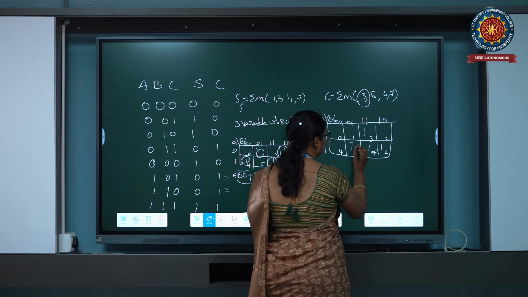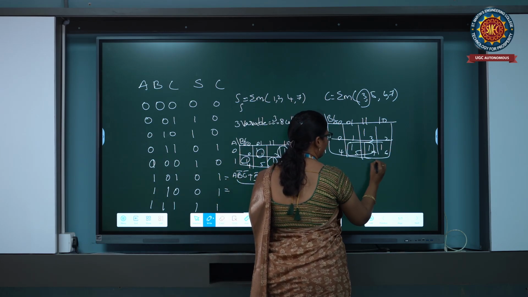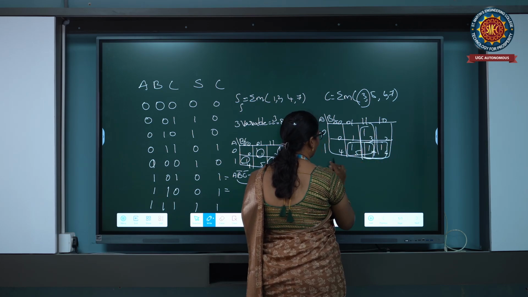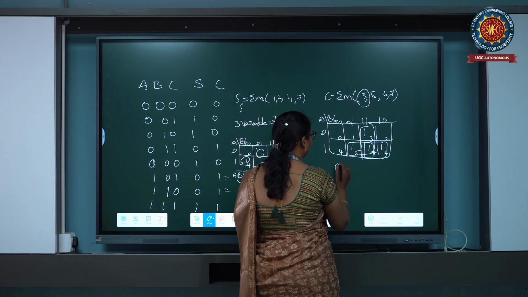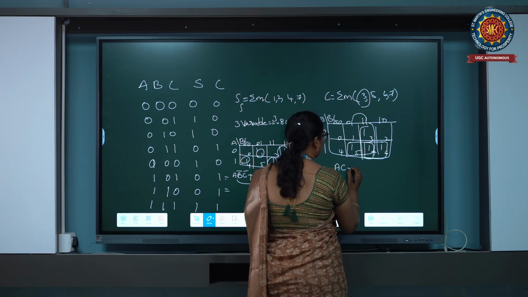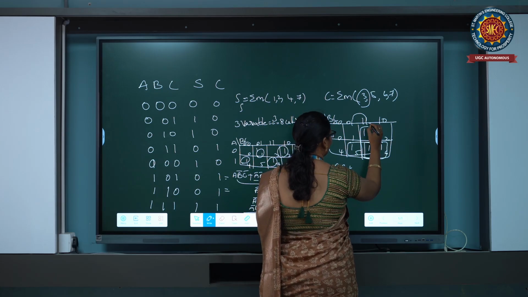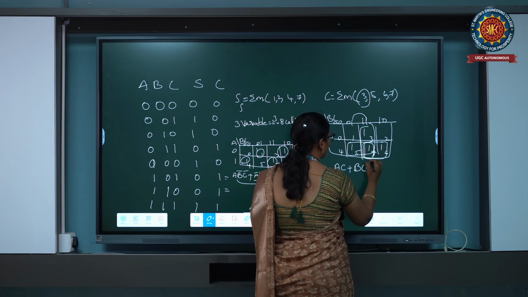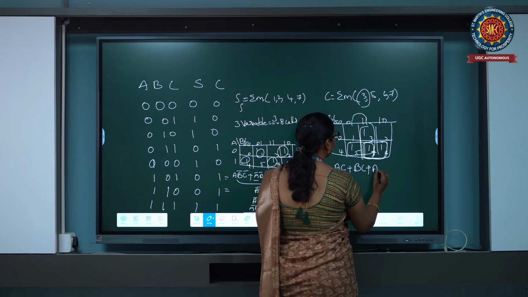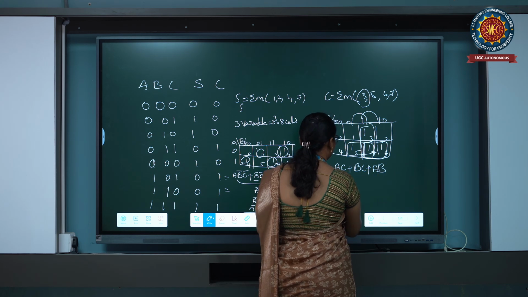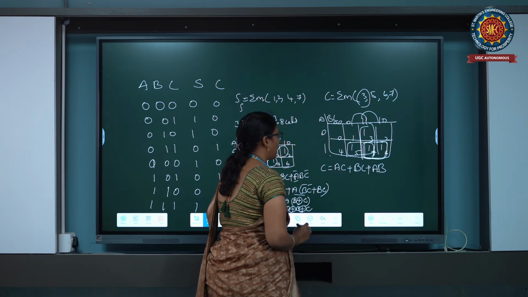Here we can group these two ones and these two ones. If we consider these two, the common things are A and C. If we take these two ones, the common ones are B, C, and if we consider these two, we get A and B. This is the expression we got for the carry.